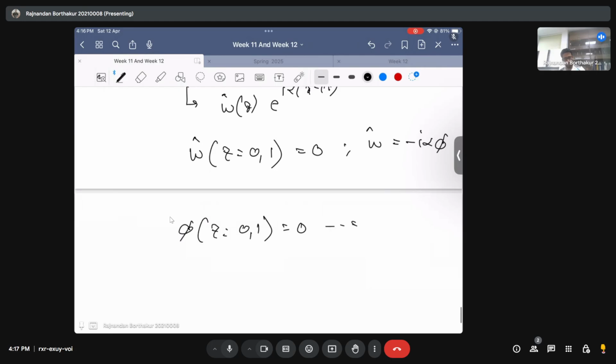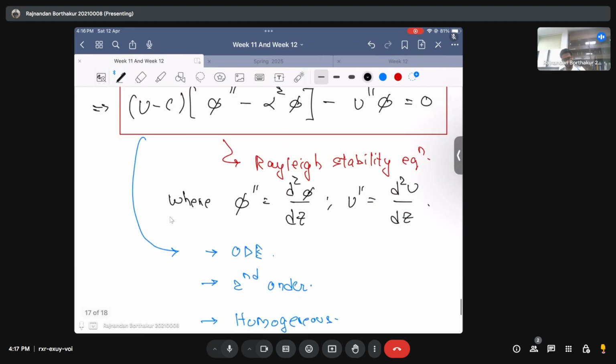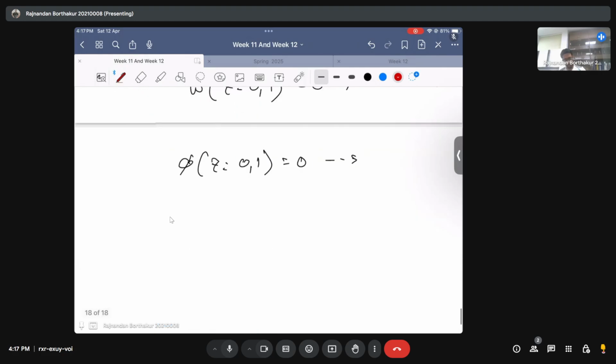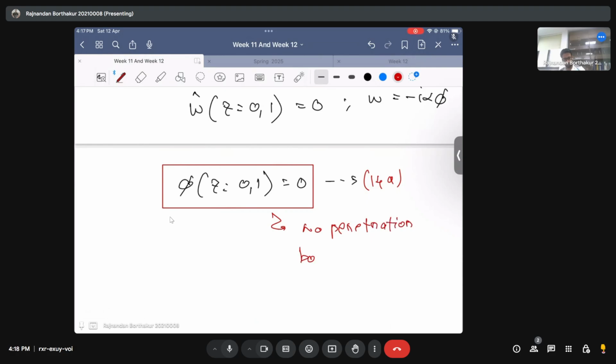These are essentially the two boundary conditions that we have. I'll name the Rayleigh stability equation as equation 14, and this boundary condition as equation 14a. This is precisely the no penetration boundary condition that I have applied here.